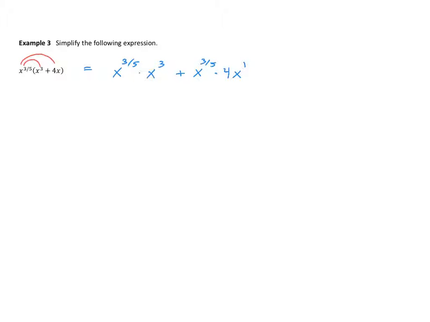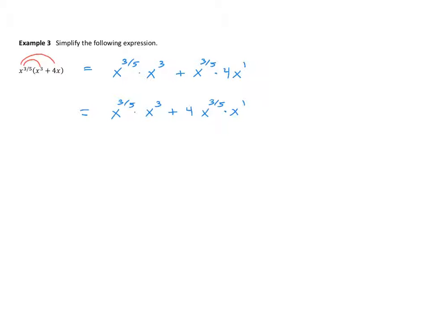Not too much to really simplify up to this point before dealing with the exponents. Maybe I'll rewrite this as x to the 3/5 times x cubed, and then I'll write this so I have the 4 out front, and then I have x to the 3/5 times x to the first power.